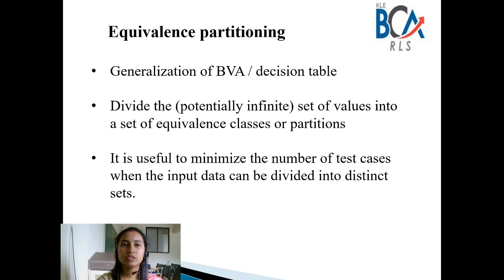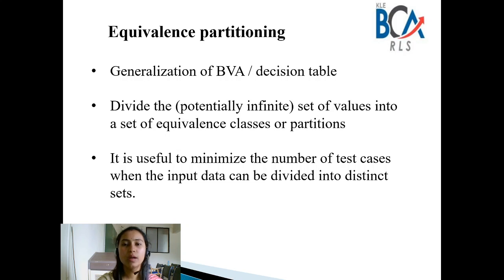Let us see the next one, equivalence partitioning. This is a generalization of boundary value analysis and the decision table. Here you have a set of defined classes wherein you divide and make a grouping. So divide the set of values into some set of equivalence classes or partitions.